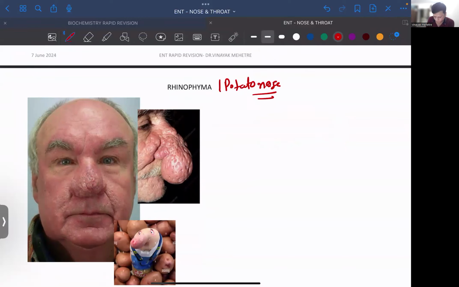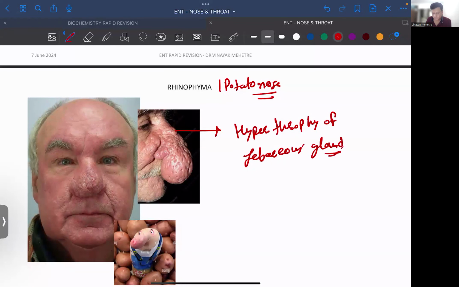Hypertrophy of sebaceous gland, right? Caused by acne rosacea. Okay.